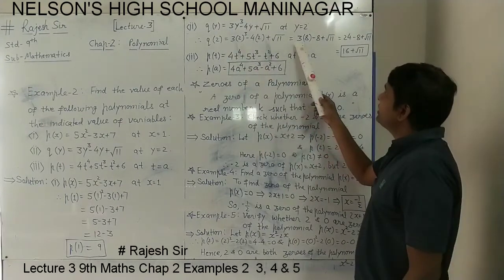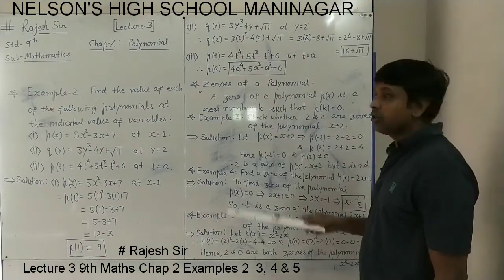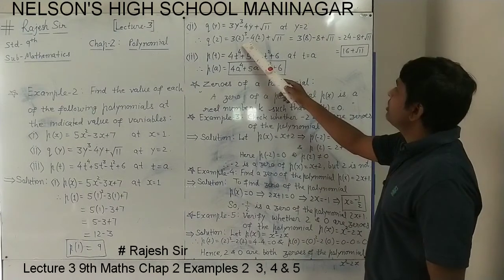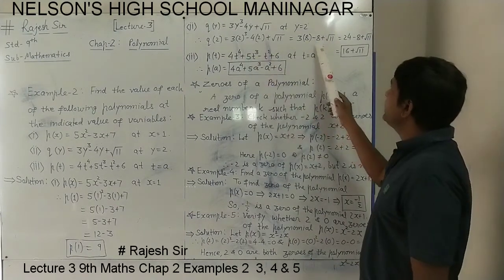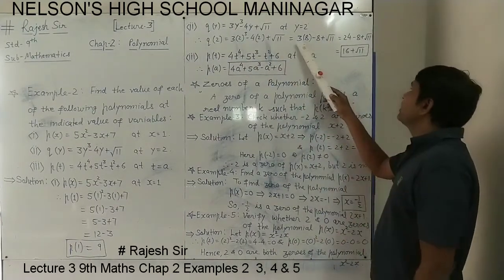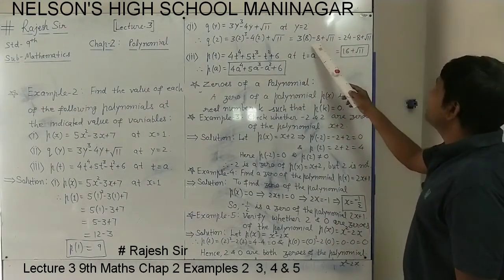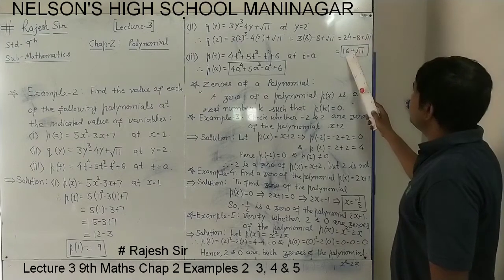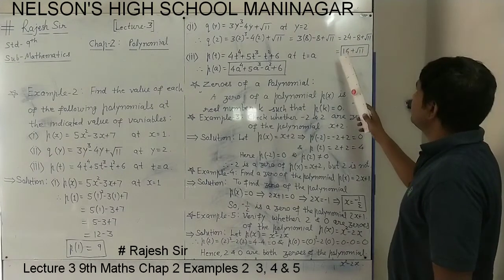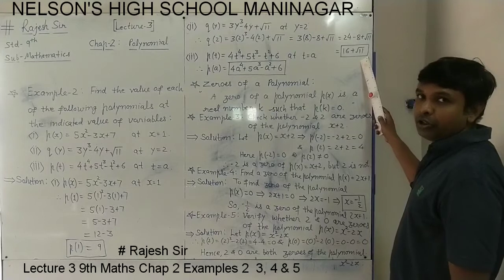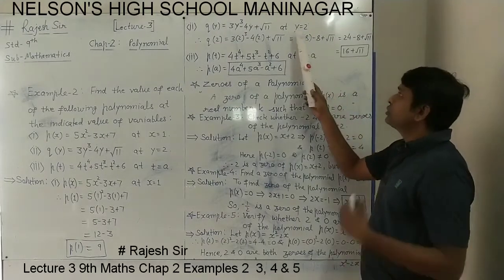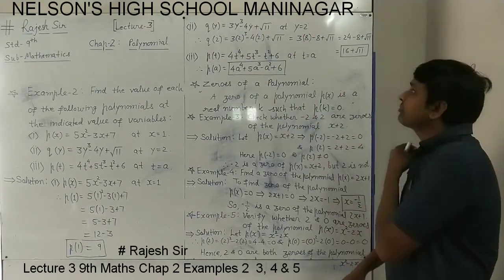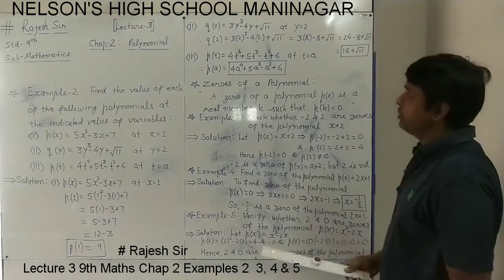Now 3 into 2 cubed, which is 8, minus 4 into 2, which is 8, plus √11 as it is. Then 3 eights are 24, minus 8, and plus √11 as it is. 24 minus 8 is 16, plus √11. This is the value of the polynomial at y = 2.